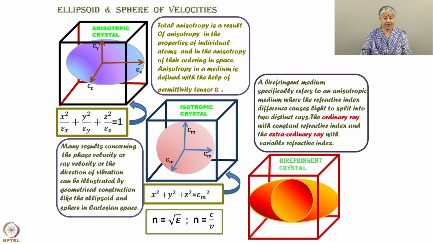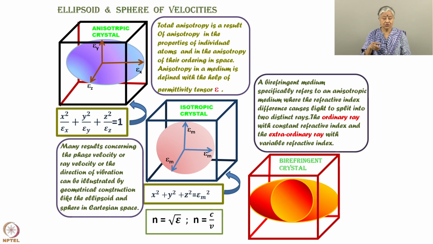So, the extraordinary ray is following a different set of rules and the ordinary ray is following a different set of rules. The ordinary ray follows Snell's law, the extraordinary ray does not follow Snell's law. So, travelling in a crystal like this will give different refraction and different reflection for the rays.